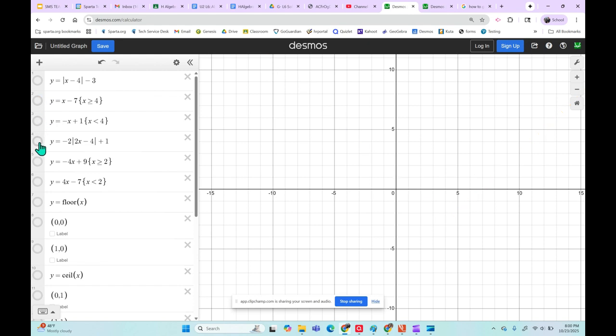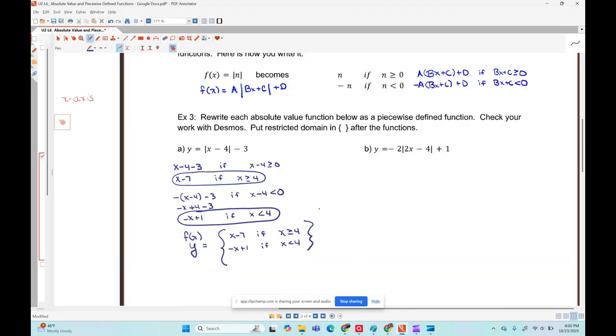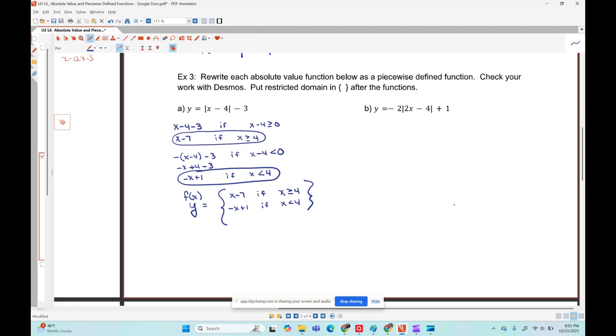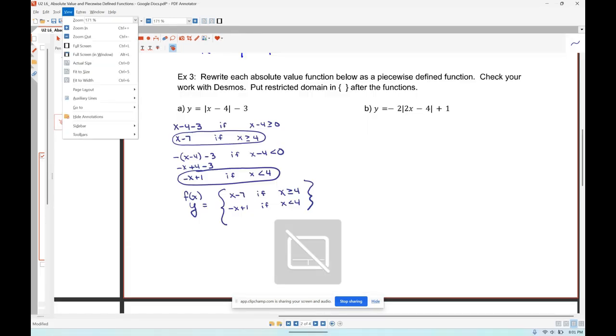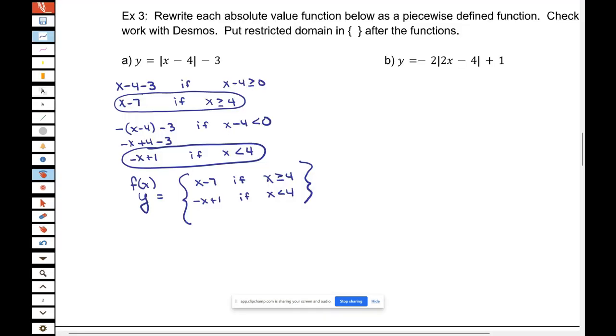Okay, so there's another one you're going to try right now. I would invite you to pause the video, do this problem, and then come back and check it. All right, so let's play that same game with this. Here we go.